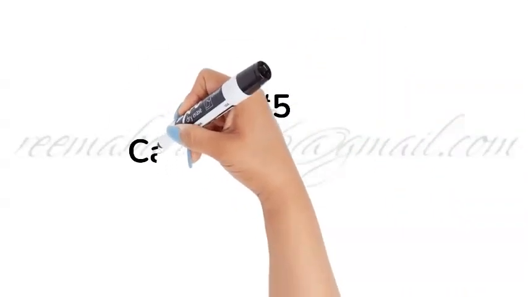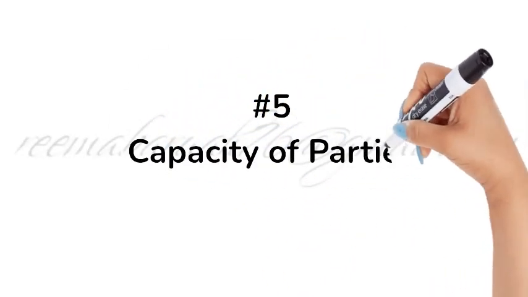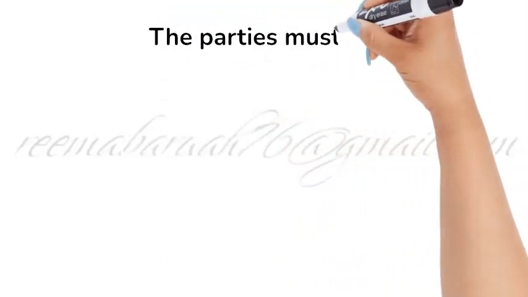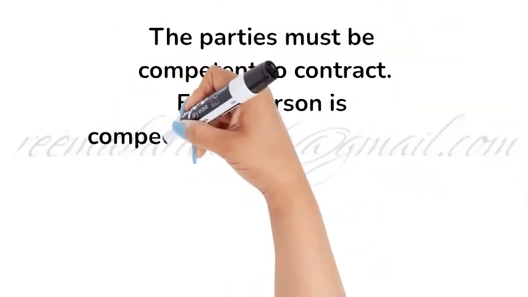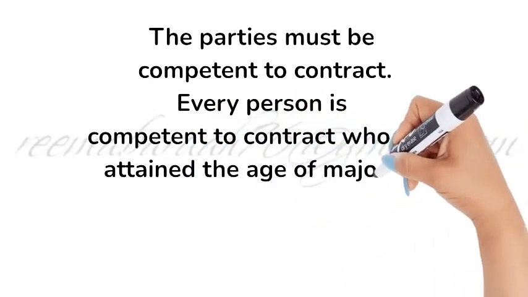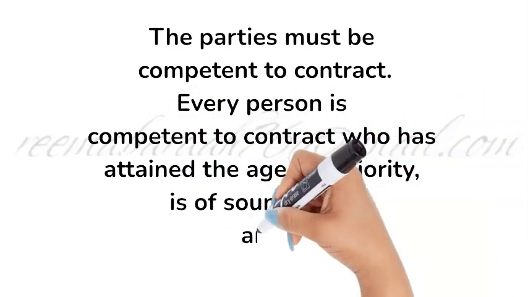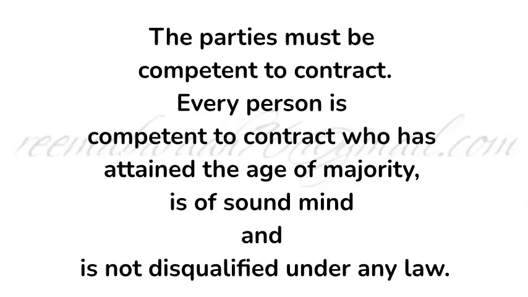Now we move on to the fifth essential element of a valid contract, capacity of parties. The parties must be competent to contract. Every person is competent to contract who has attained the age of majority, is of sound mind, and is not disqualified under any law.